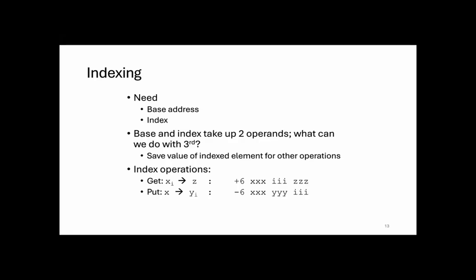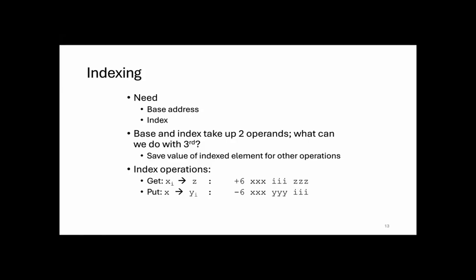So we could be using it to save the value of the indexed element for another operation. So basically, when we have this here, we want to get x of I and place it into z, or we want to get the x and then place it into y of I. So basically, we are going to use it to bring a value from a location based on an index and then place it into another destination, or basically reading a value from a location and saving it inside our array.